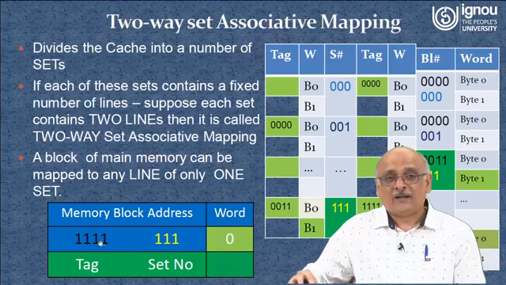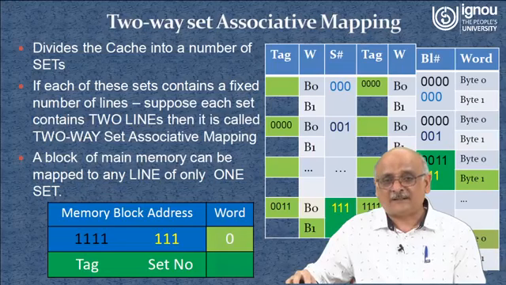For example, you can see that when the set number is 111, this location is mapped into this byte, and over here this particular byte 0011 has been mapped. So two memory locations, 2 bytes, can be mapped. In fact, these are the words. So 2 words, 2 blocks, have been mapped into this single cache set.